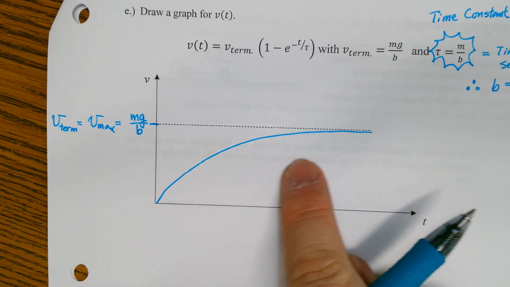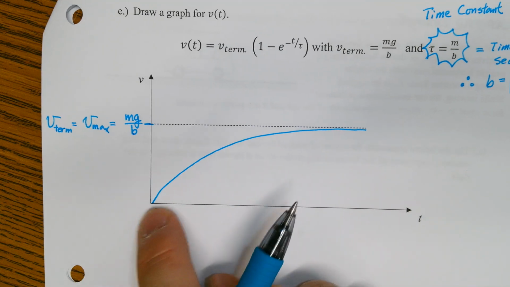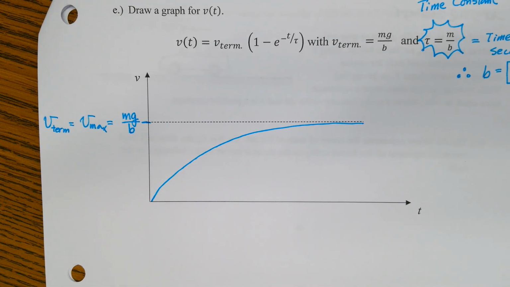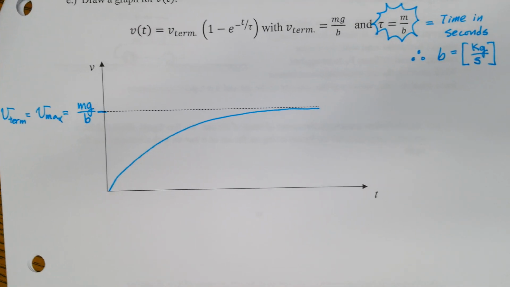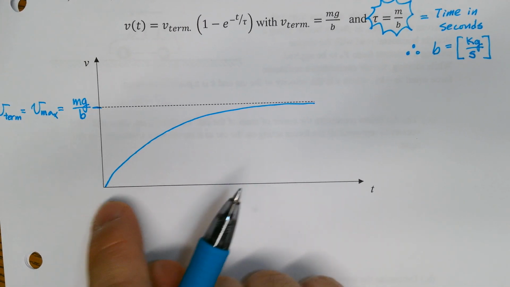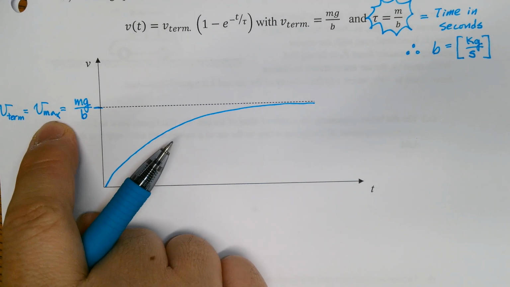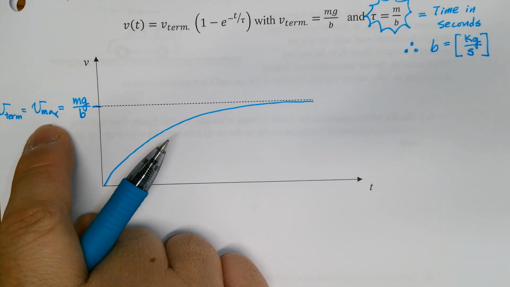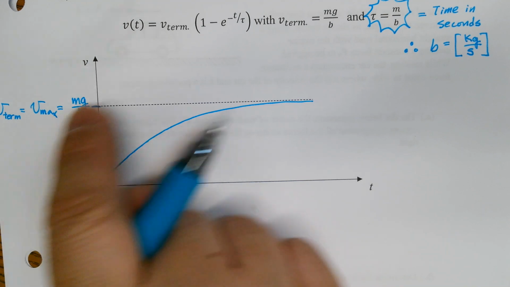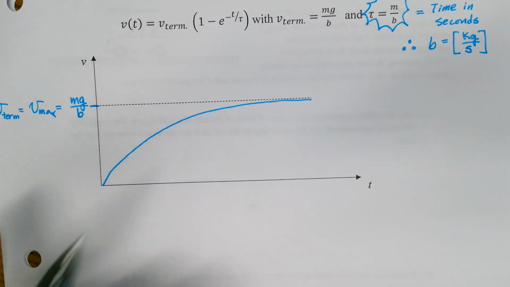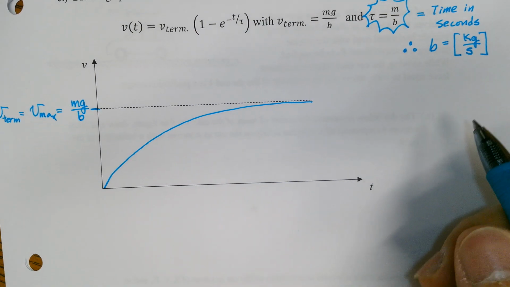Well, that was pretty cool. I did that in one shot, actually. So it will approach there, but you'll never get there. But at a certain point, it's so close that it essentially becomes the terminal velocity.